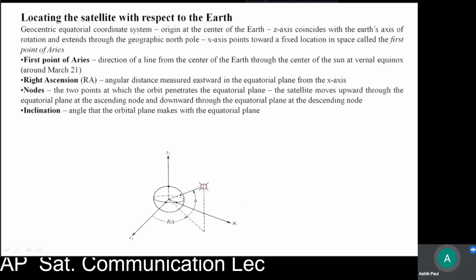It is just like something rising from one horizon, reaching a point in the sky which is high enough, and then setting at the other horizon.